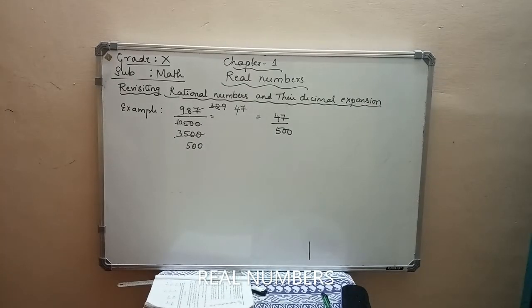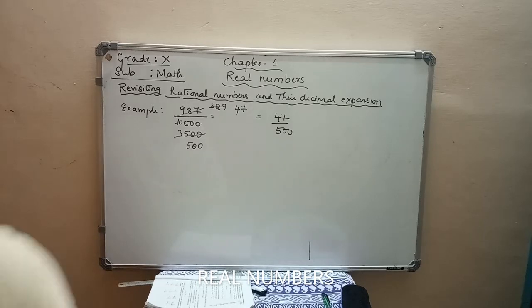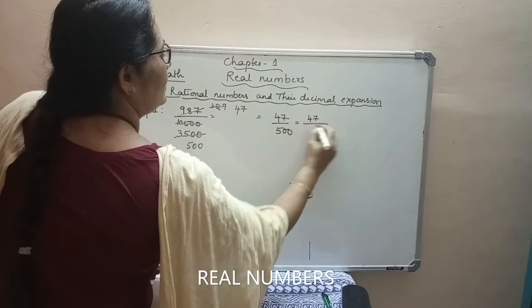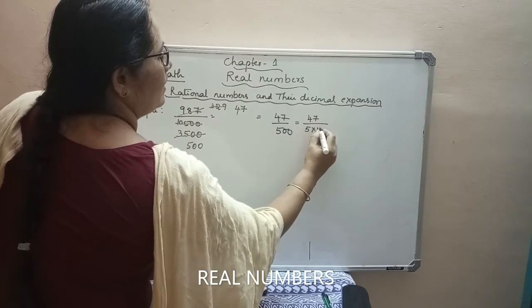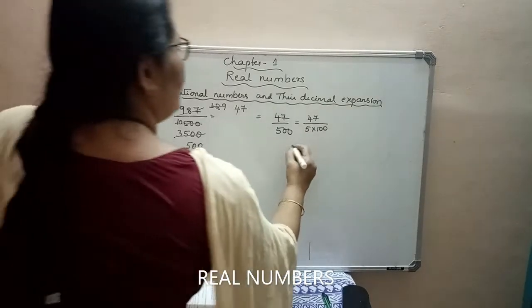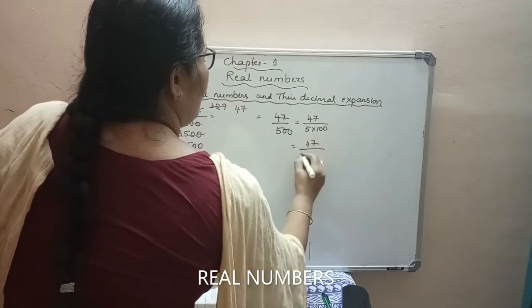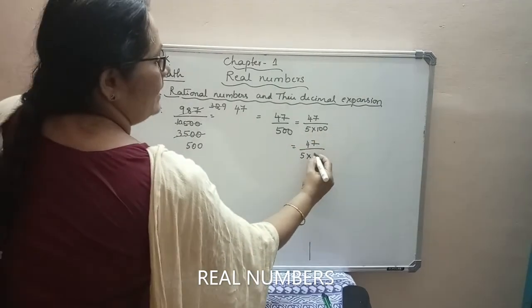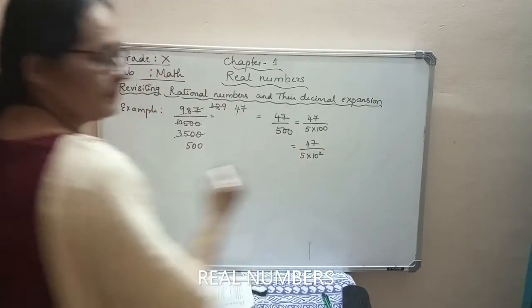Now we have to check whether it is a terminating or non-terminating decimal expansion. So this can be written as 47 by 5 into 100. 100 can be written as 10 into 10, 10 square.